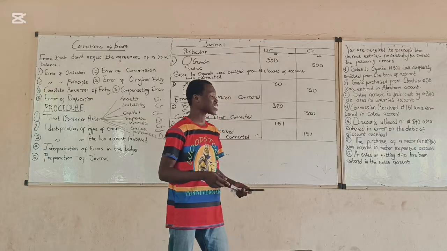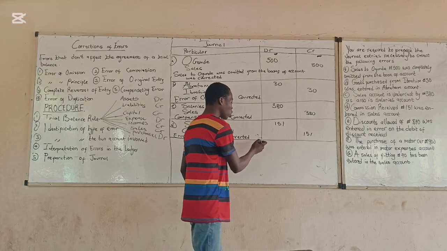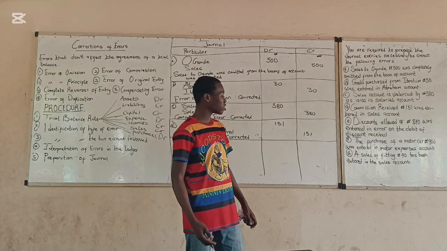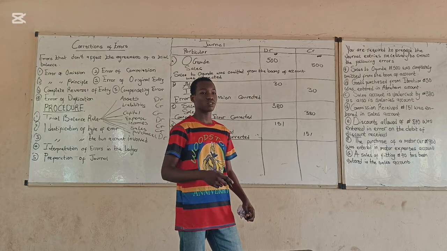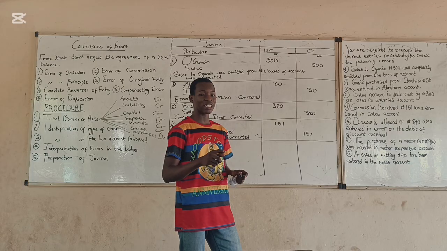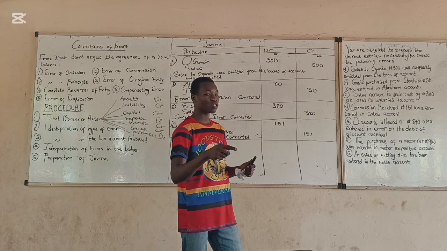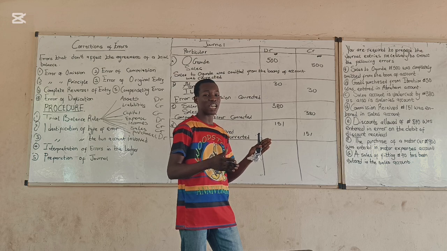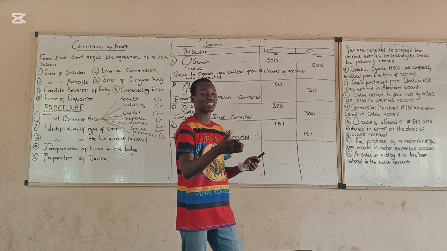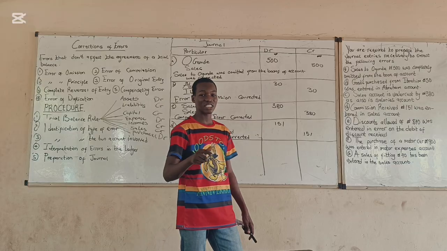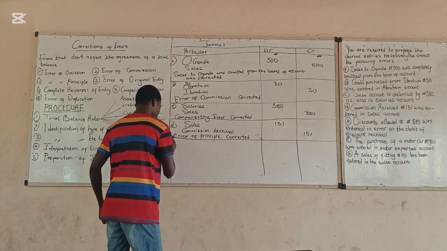So they mistakenly recorded it in the debit of discount received. And if you want to correct it as I was doing it the other time, since they mistakenly recorded it in the debit of discount received, instead of it to be in the debit of discount allowed, what you are going to do there is that you are going to credit discount received so that the one that they have recorded on the debit side and the one that you recorded on the credit side will cancel out each other. Then you are now going to debit it to what? Discount allowed.